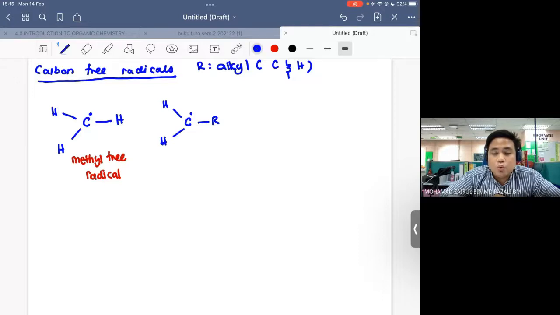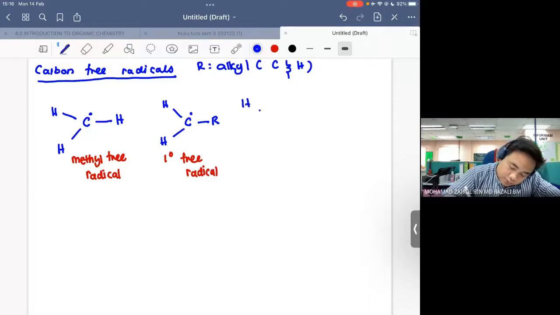Let's say if I substitute one of the hydrogen with the alkyl group, so kita akan panggil dia sebagai primary free radical. So maknanya dalam surrounding the free radical tu ada satu alkyl group. Okay, if I substitute another hydrogen with another alkyl group, so sekarang ni surrounding the radical itu saya akan ada dua alkyl group.